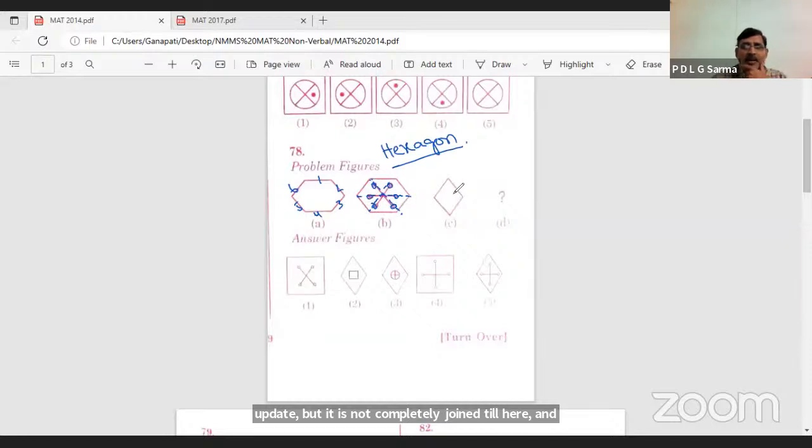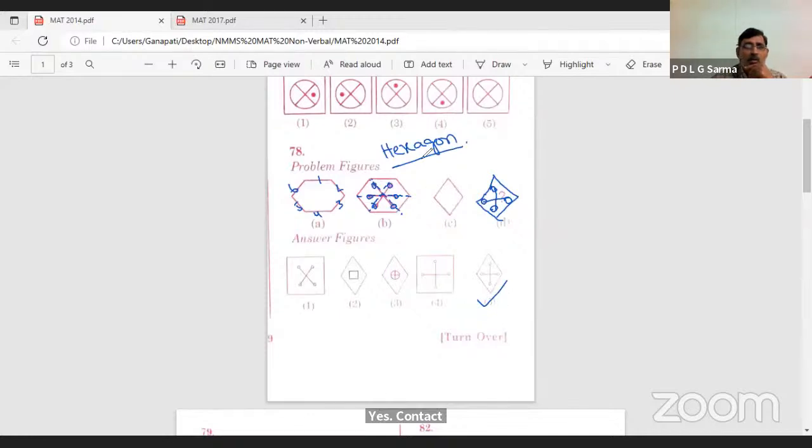The same kind of thing here. What do we get? So how should the figure be? This figure will be as it is. Then we have to draw the diagonals like this, not completely. Then we have to put circles. Do you find such a figure in the given options? Check. Yes, fantastic.